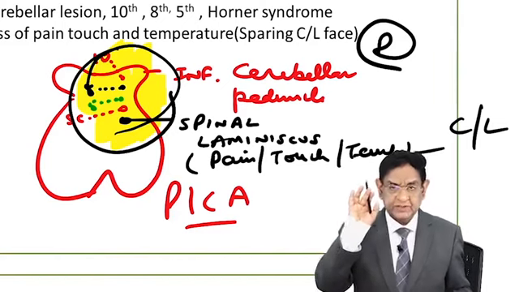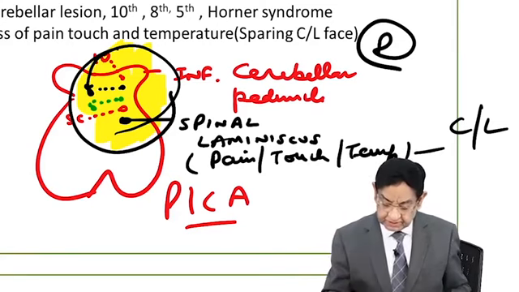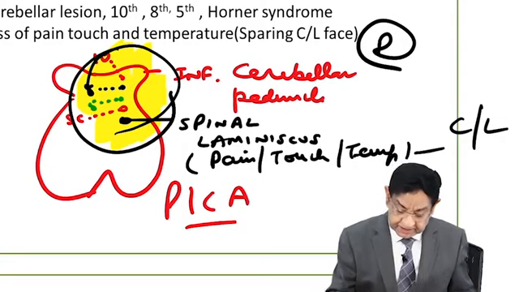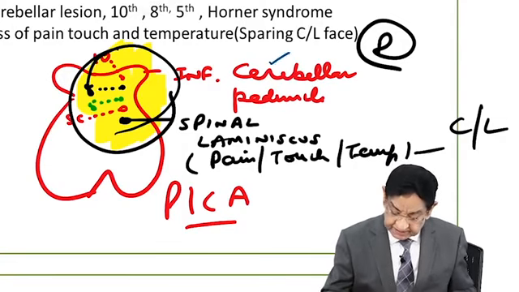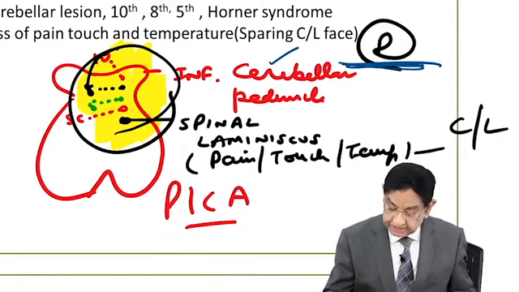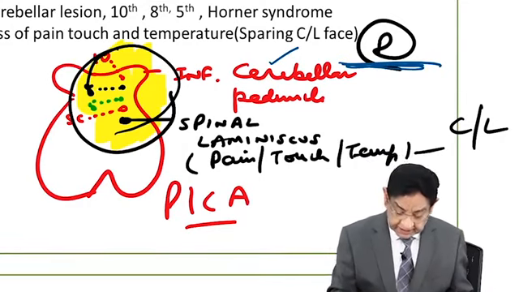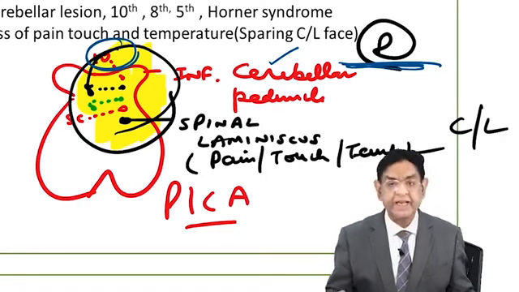Now first, look, the cerebellar peduncle is involved. So definitely this patient will have right-sided cerebellar features. Right-sided 10th nerve palsy.